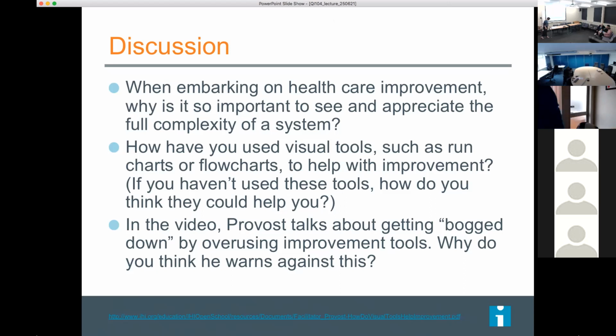So you mean so you can measure the changes? What I mean is, when you try to do improvements, if you don't look at the whole system, that improvement usually has an effect somewhere else, and it can be a detrimental effect. Yeah.